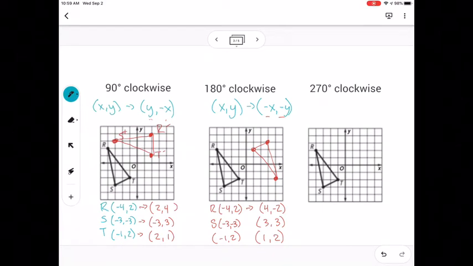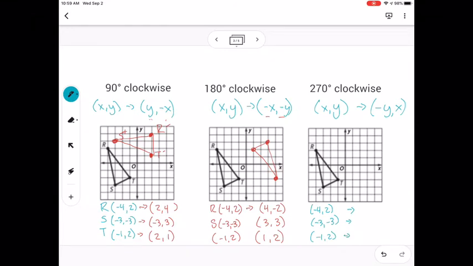And 270 clockwise. We're going to change our points to say negative y, x. So now we're going to switch their order and change the sign on the y. So write my originals down, and then we'll switch them. Switch the order, change the y.